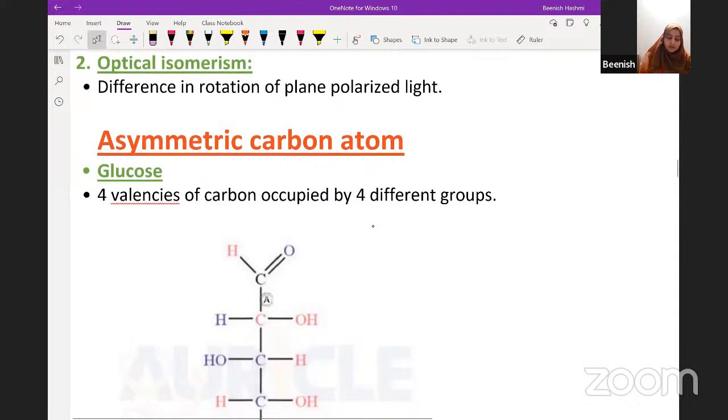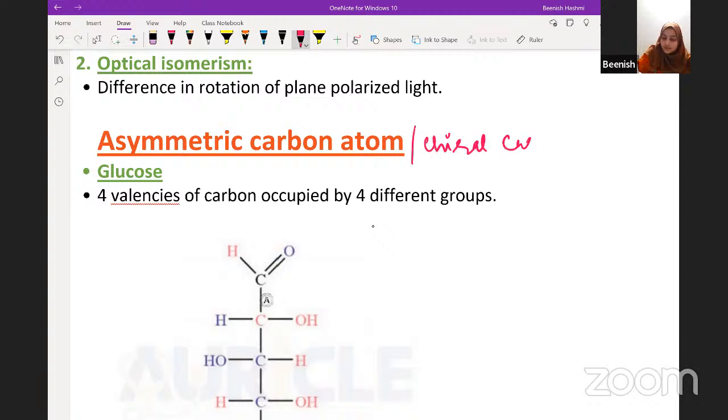Okay. Now let's talk about the asymmetric carbon atom, also known as chiral carbon. We all know that carbon has four valencies. Now, when the four valencies of carbon are satisfied by four different groups, then we say that it is a chiral carbon or an asymmetric carbon.